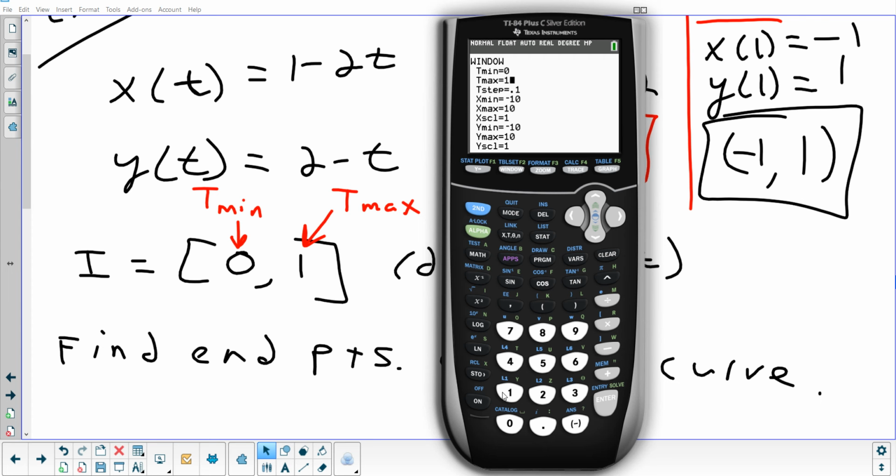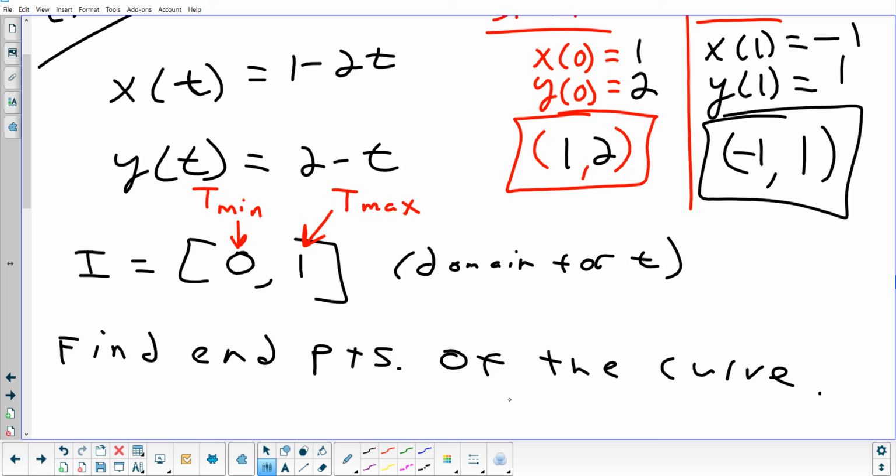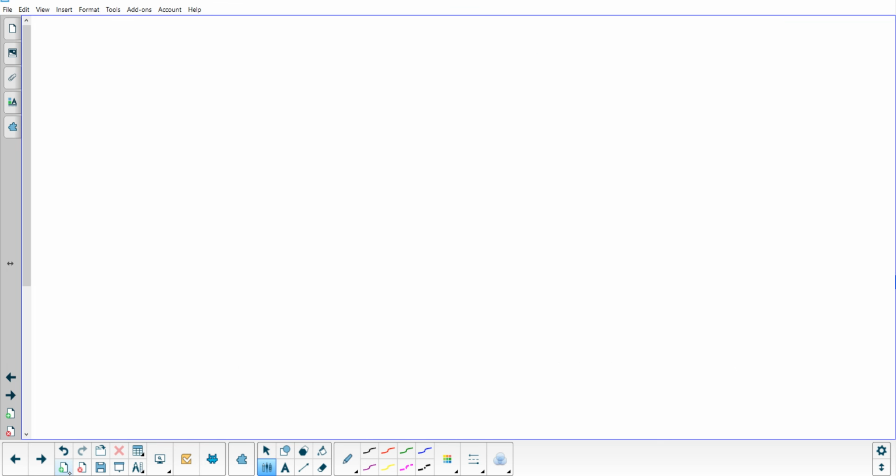Now, the T step, that's important. The T step tells the calculator how often you want to graph a point to get a picture. Because the way the calculator graphs something parametrically is it puts a bunch of dots, and then it connects 2 dots that are next to each other with a perfectly straight line.